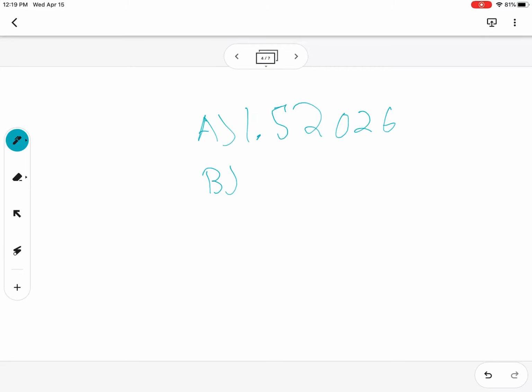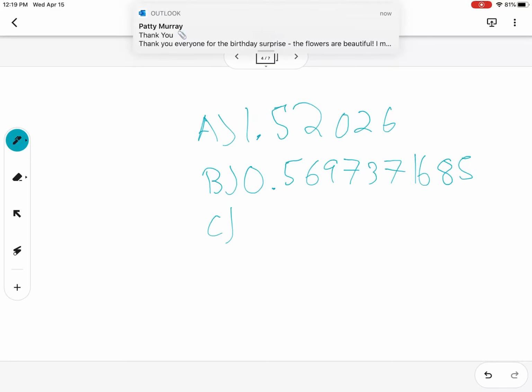The next part, you were told to multiply the two digits together. And if you did that, you would have gotten 0.5697371685. And then that part C, where you had to square the x, and you're going to add that to the answer of 7 times y squared, your final answer there, let me check my work a little bit.